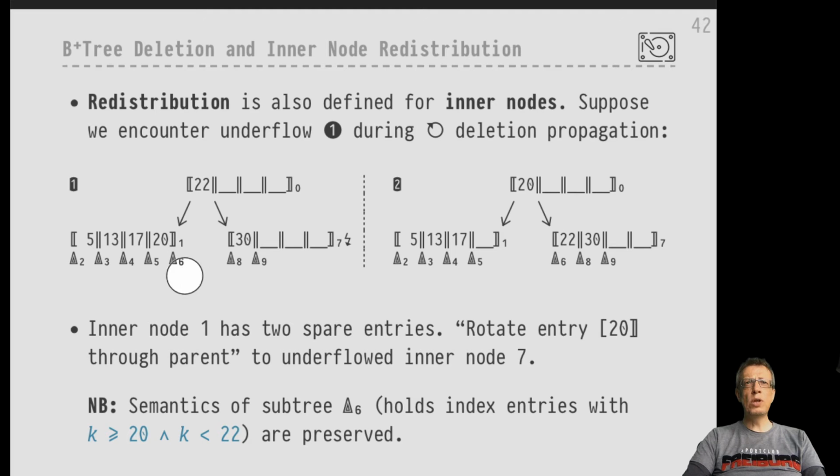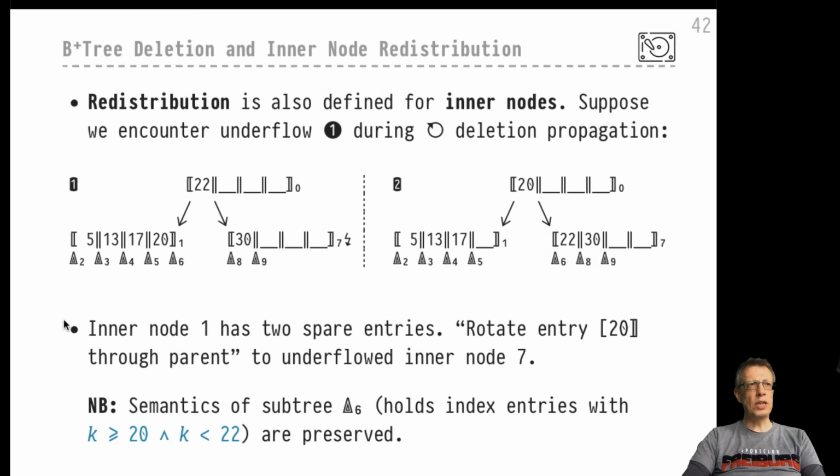So what we'll do now is what's being indicated in this paragraph here. We will rotate this rightmost entry through the parent and place it over here. The 30 is shifted over. This is the situation that you find here.